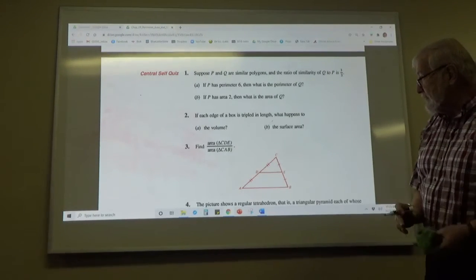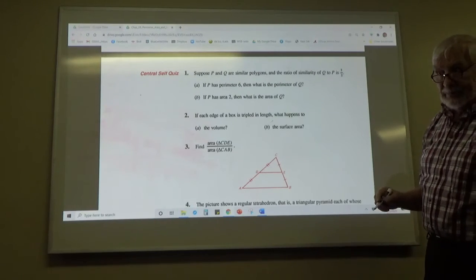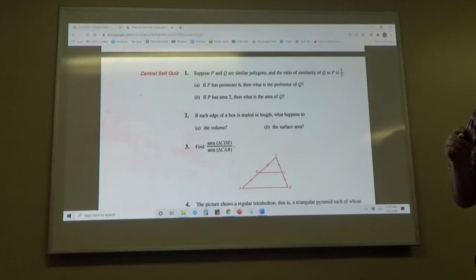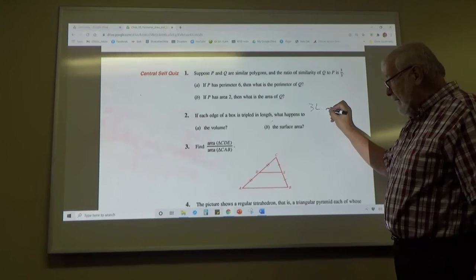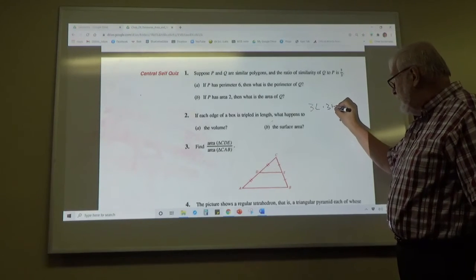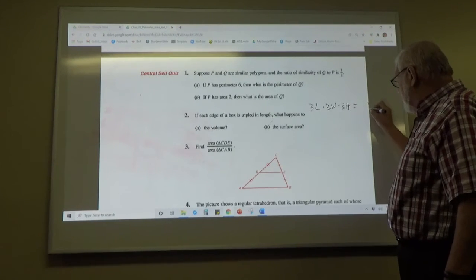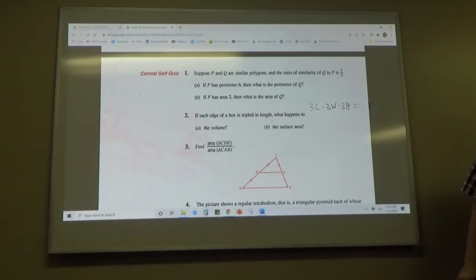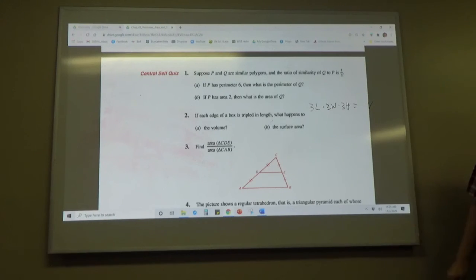Okay? Now the edge of a box is tripled in length. What happens to the volume? All right, that's the one we just did. What happens? So if you triple the edge, then you have 3 times 3 times 3, and so it's volume times what? 27.